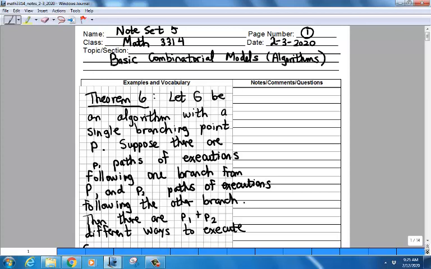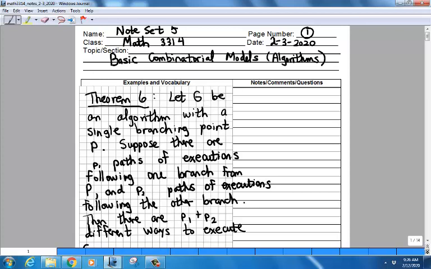All right, I'm just going to state some facts about algorithms, and I'm not sure if I stated these formally correctly, but you'll get the idea of how to apply them. They may be pseudo-theorems the way I've stated them. Suppose you have an algorithm, or you can think of it as a computer program, and suppose it has a branching point in it.